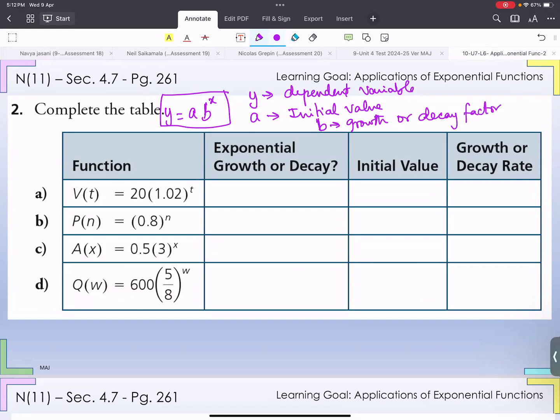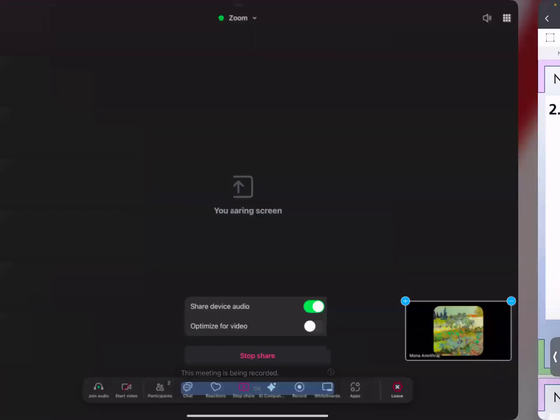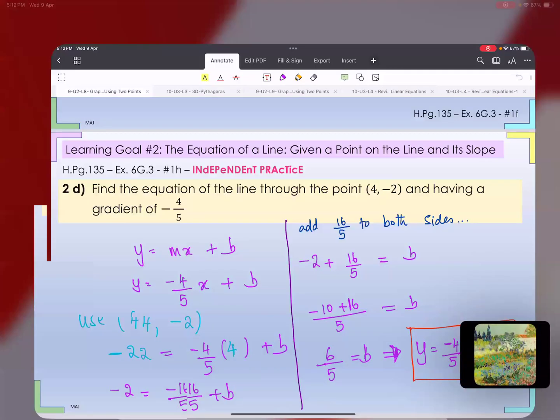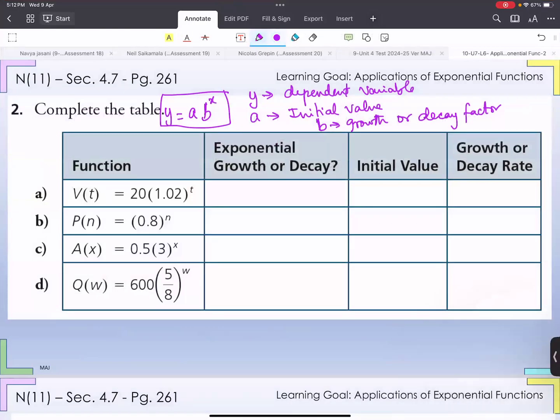That means basically if it's an increasing graph or a decreasing graph. And then x is the independent variable, okay?